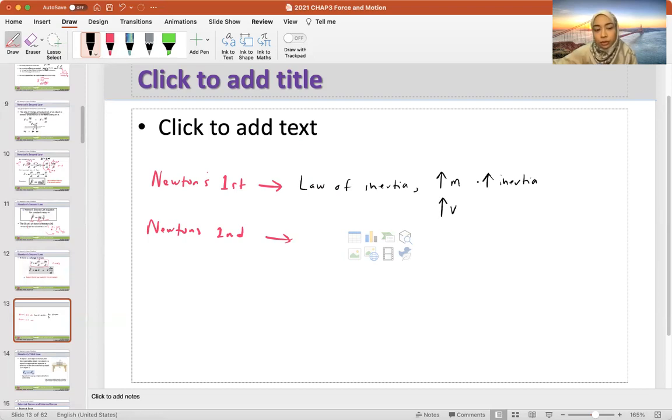If you are going faster, your inertia is also bigger. And this relates to p equals mv. So a greater inertia also means a greater momentum. Momentum is the way to quantify inertia. So if they ask how to calculate inertia, use momentum. The word is momentum. Don't use inertia.